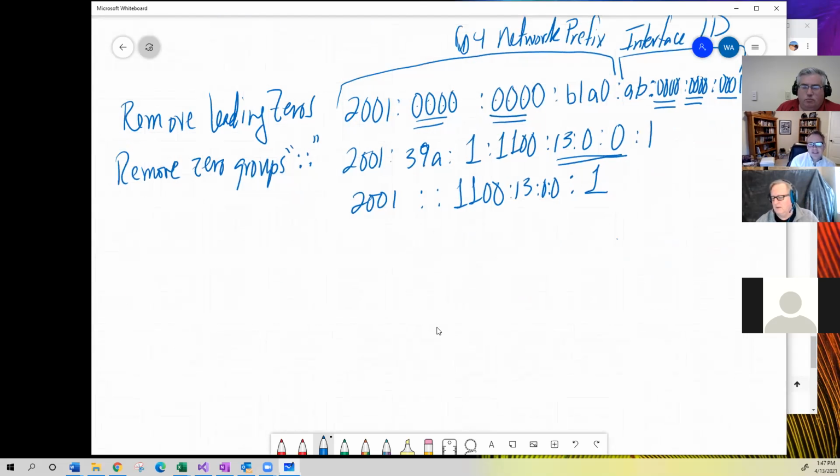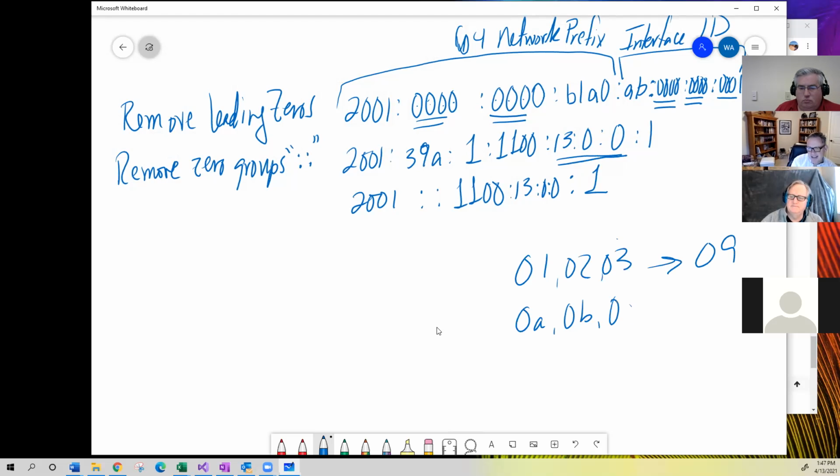When you're counting, if you had 2 digits, it's 1, then 2, 3, and so forth. When you get to 9, then it becomes A, B, C, D. So 3 through 9, then this is 10, 11, 12, 13.